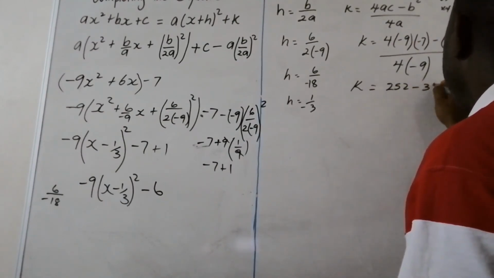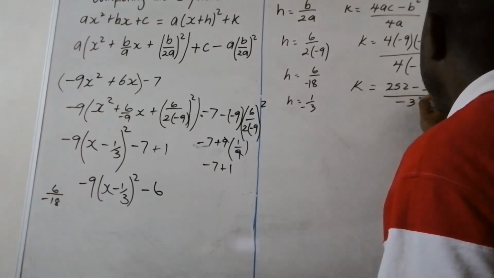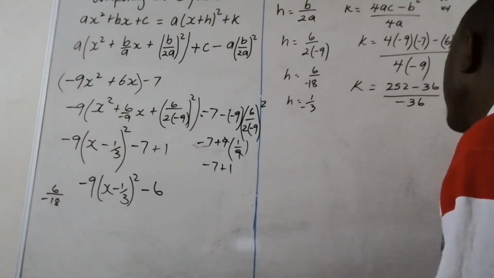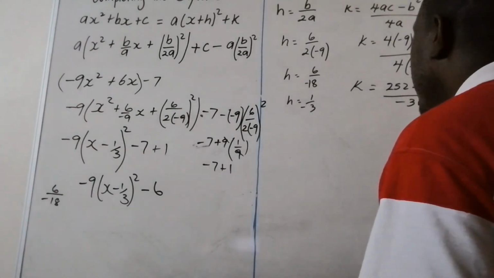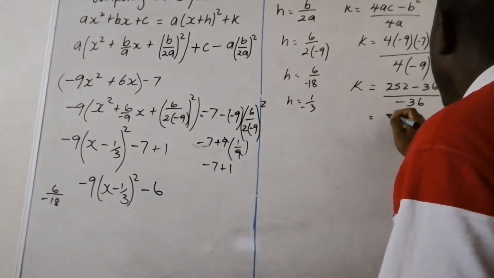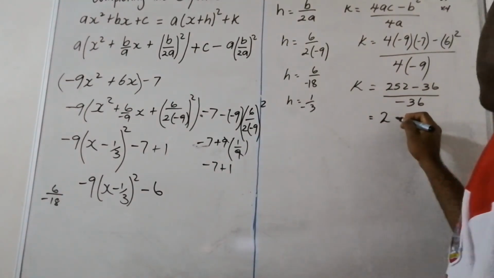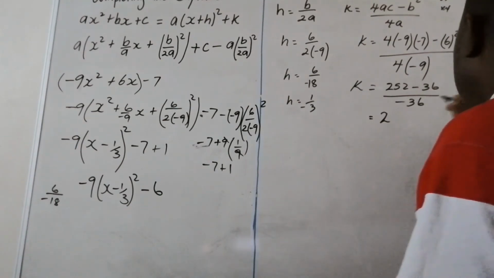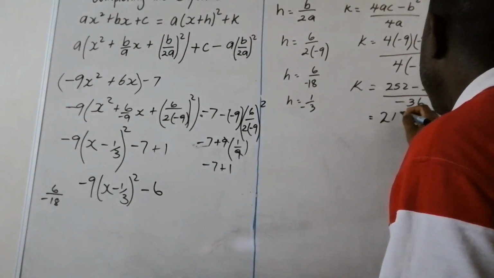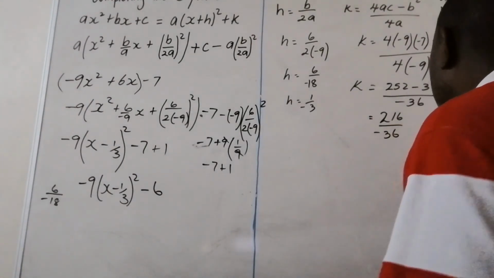Take 36 over minus 36. All right, so subtracting here, we will get 216 over minus 36.